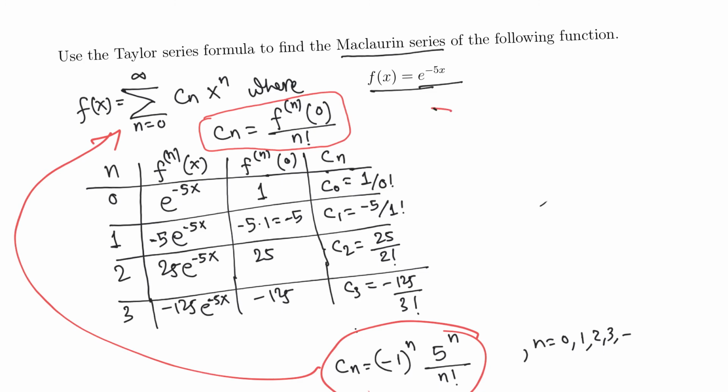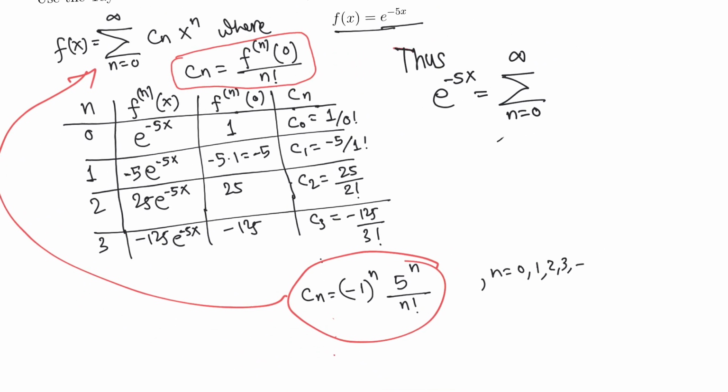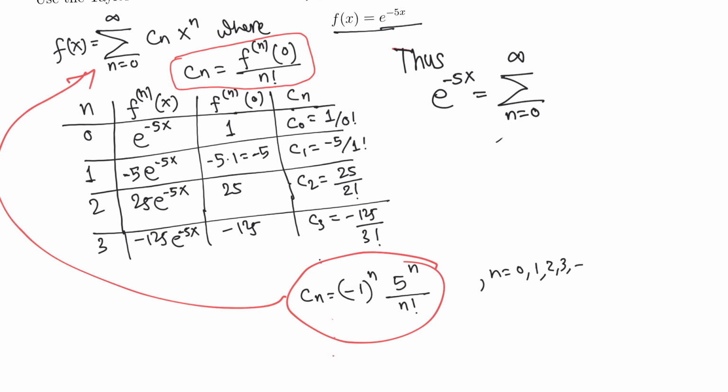Thus this function f(x), which is e raised to negative 5x, has the Maclaurin series, n from 0 through infinity, Cn, I mean, we found Cn here on the bottom: negative 1 to the n, 5 to the n over n factorial, and x to the n.